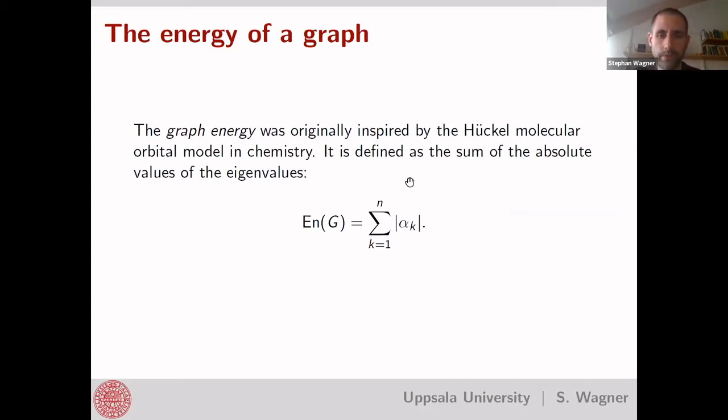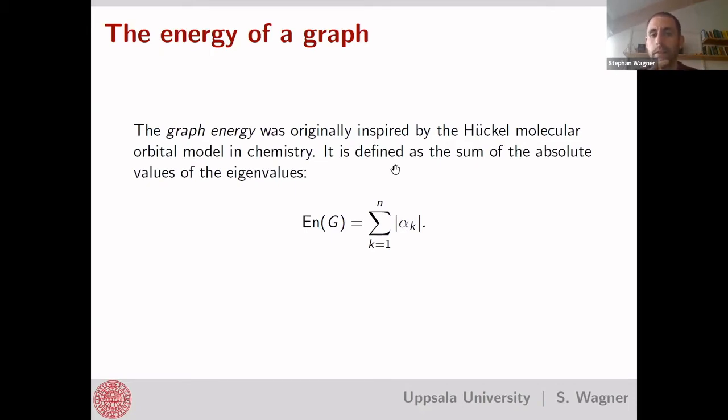But this one has become popular, at least in the mathematical community, because of its simplicity. So it's simply defined as the sum of the absolute values of the eigenvalues.